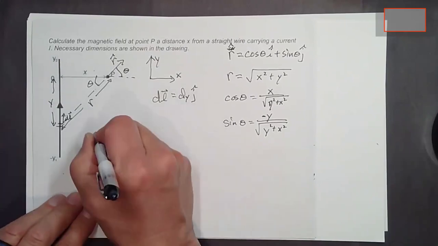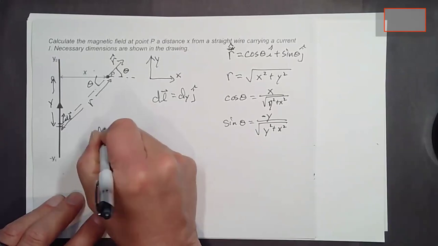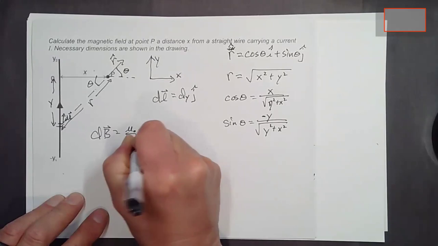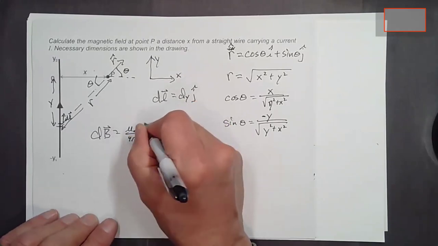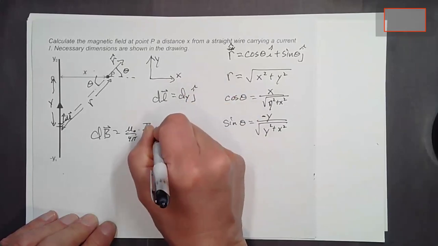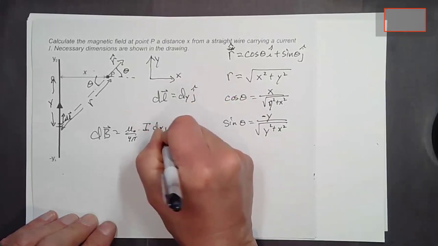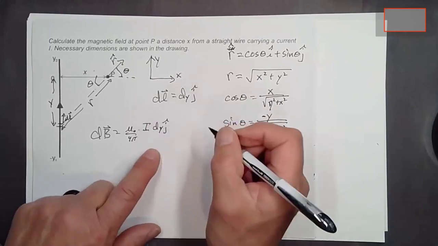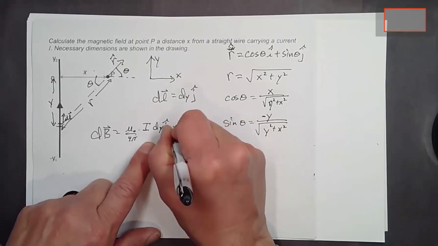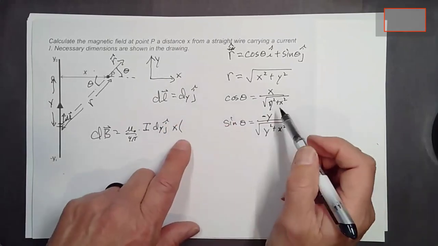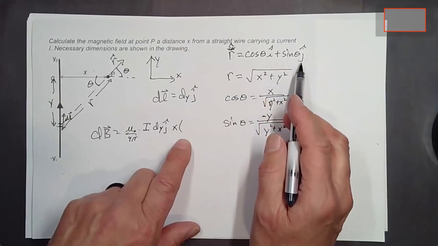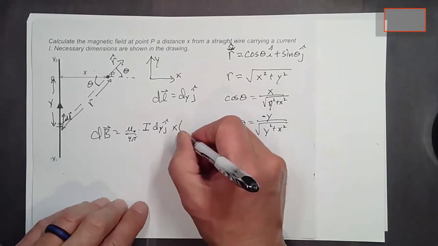For my dB, it will equal mu naught over 4 pi I dL, but my dL is dy in the j hat direction, crossed with my r hat, which is going to be cos theta in the i hat direction plus sine theta in the j hat direction.